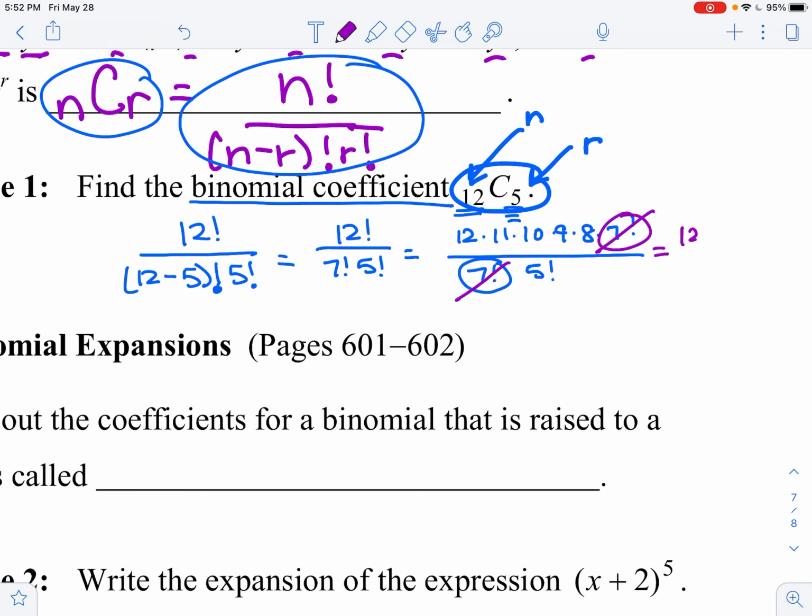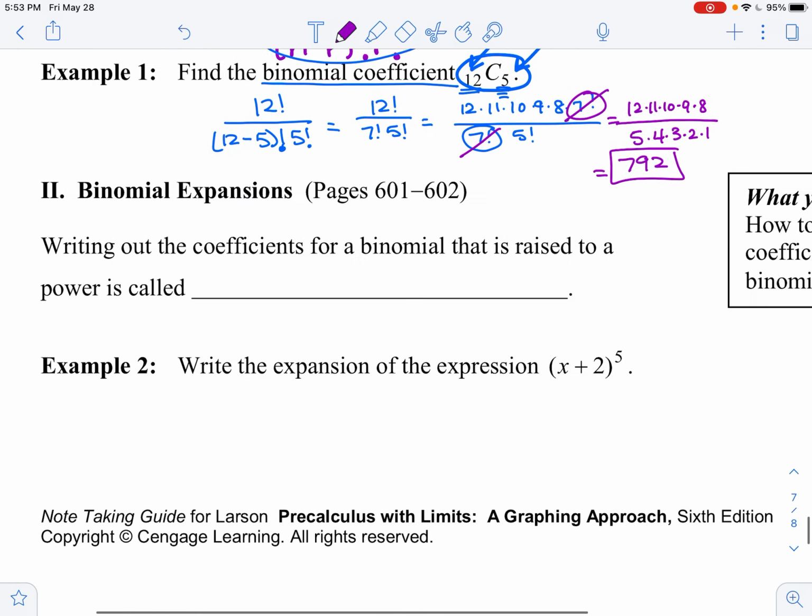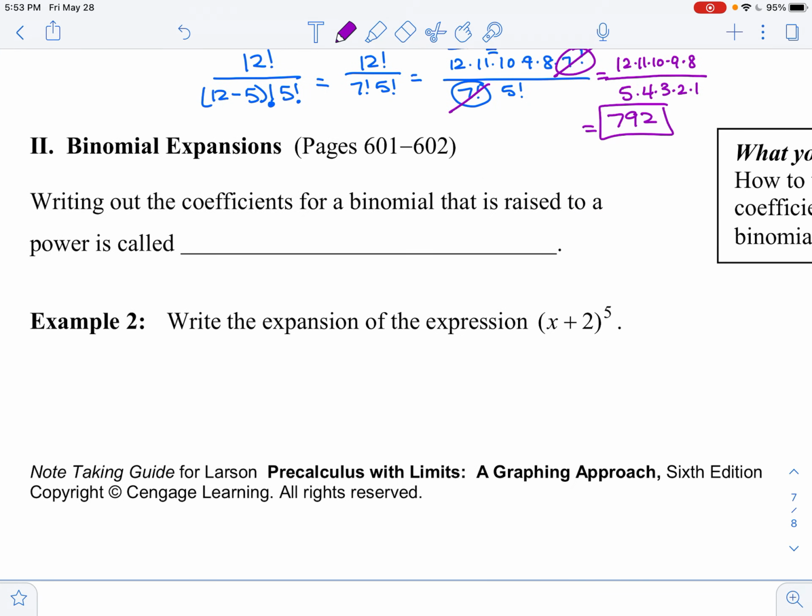And I'm left with 12, 11, 10, 9, 8, all over 5 times 4 times 3 times 2 times 1. And if I plug that into the calculator, we get 792, which is the binomial coefficient of 12C5. So writing out the coefficients of a binomial that's raised to a power is called expanding a binomial.